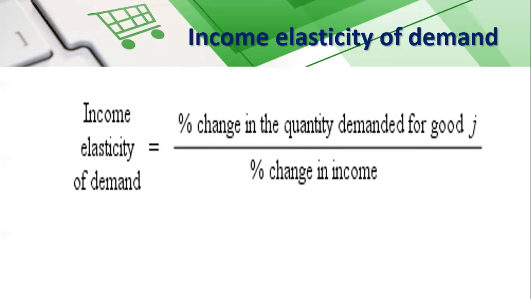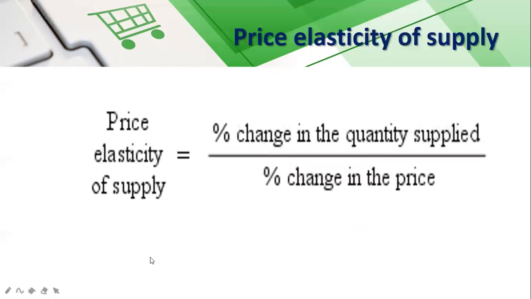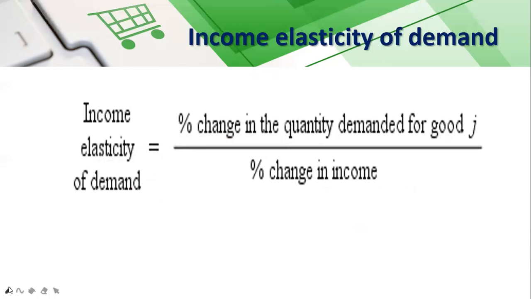So when income elasticity is greater than 0, it means that the good is normal.